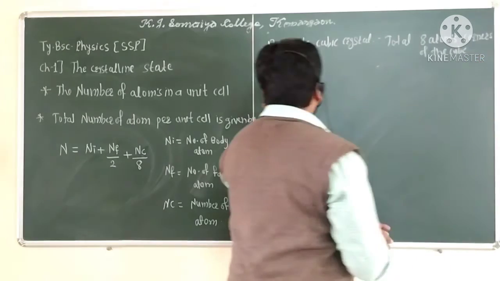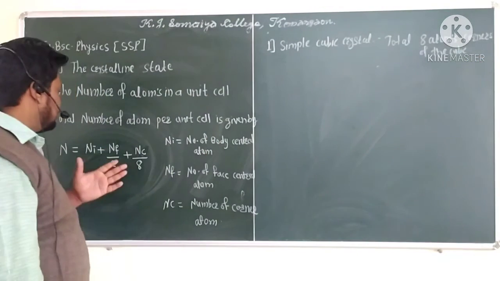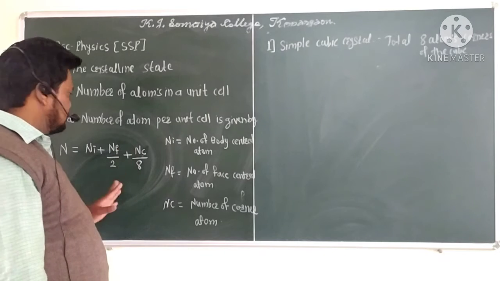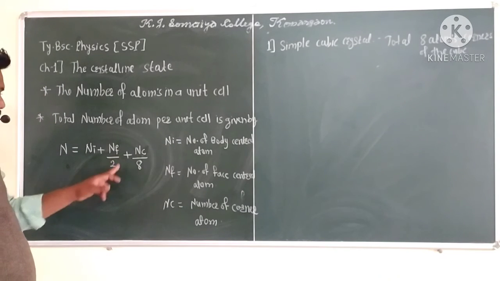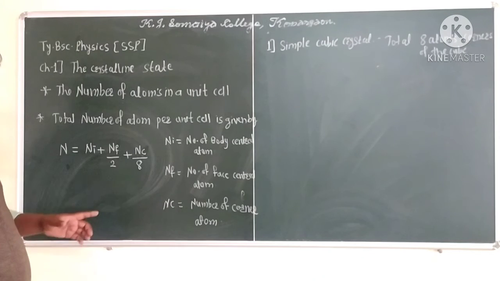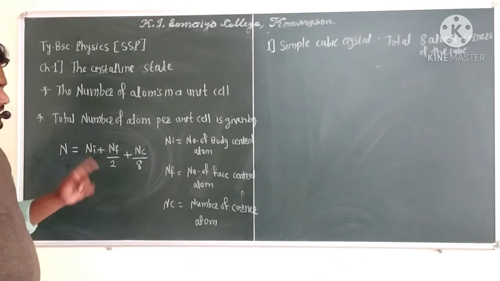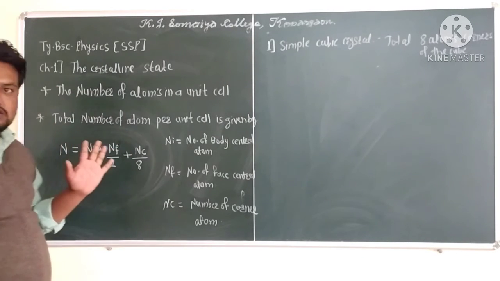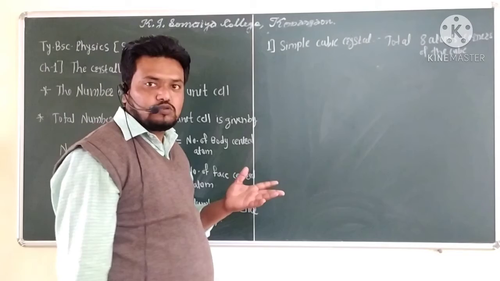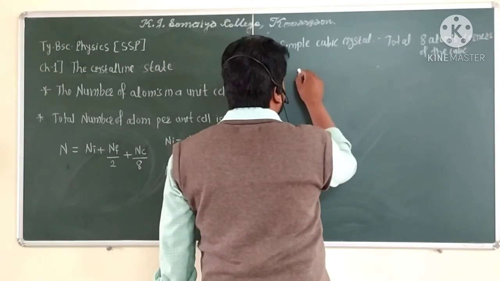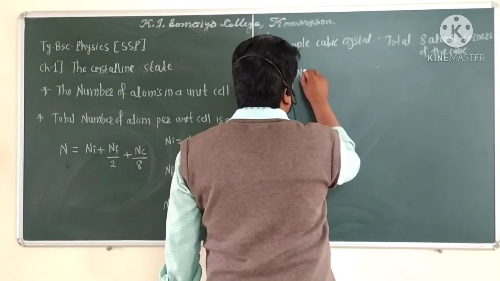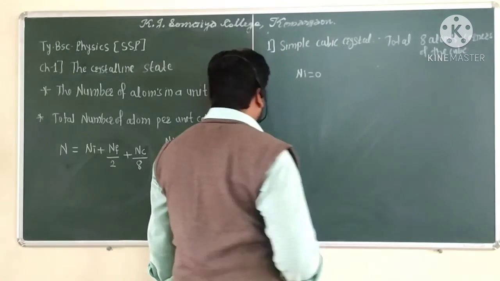So consider for this number of atoms per unit cell, N is equal to Ni plus Nf by 2 plus Nc by 8. Ni is the number of body centered atoms, and in simple cubic structure there are only 8 atoms, at the corners of the cube. So Ni is equal to 0.